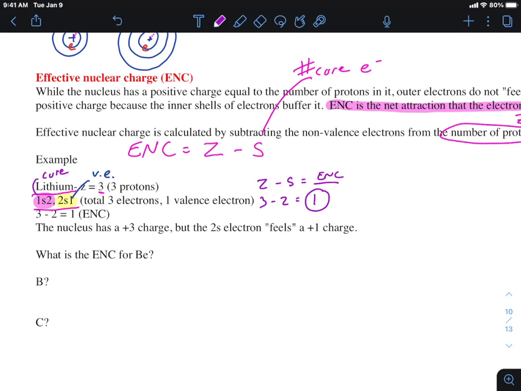So let's see if we can identify a pattern. Let's do a couple more. Beryllium's the next one here. Beryllium is element number 4, so the ENC for beryllium would be 4 minus the core electrons. Off to the side, I'm going to write beryllium as 1s2, 2s2.